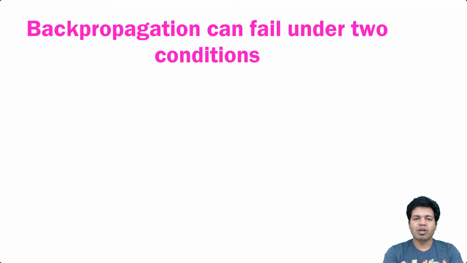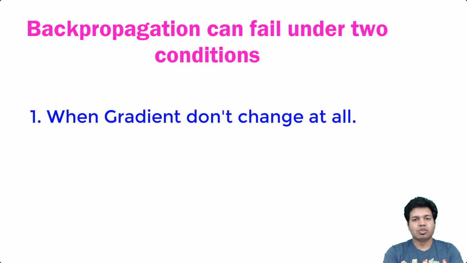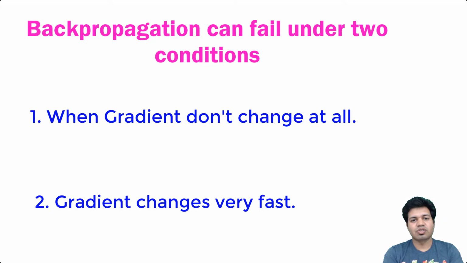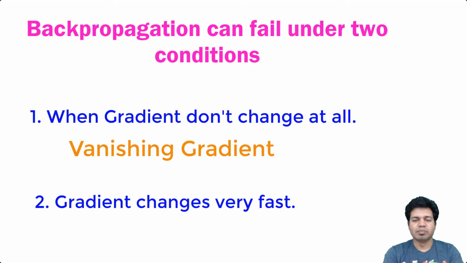So now this backpropagation process can fail under two conditions or at two instances, okay. Number one is it will fail if the gradient don't change at all, or if the gradients change very fast. So when the gradient don't change at all, then we call that problem as vanishing gradient problem.